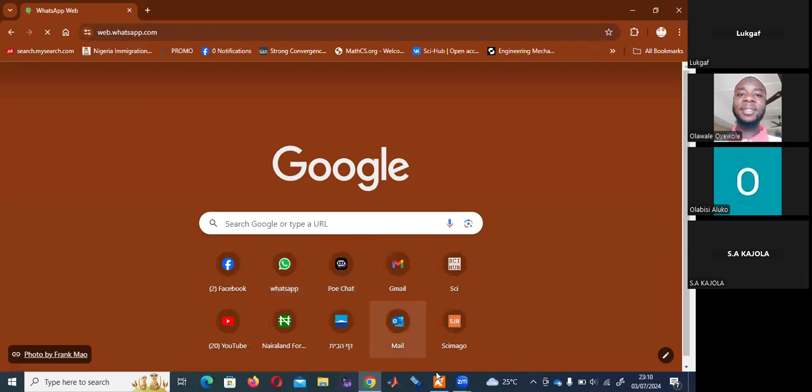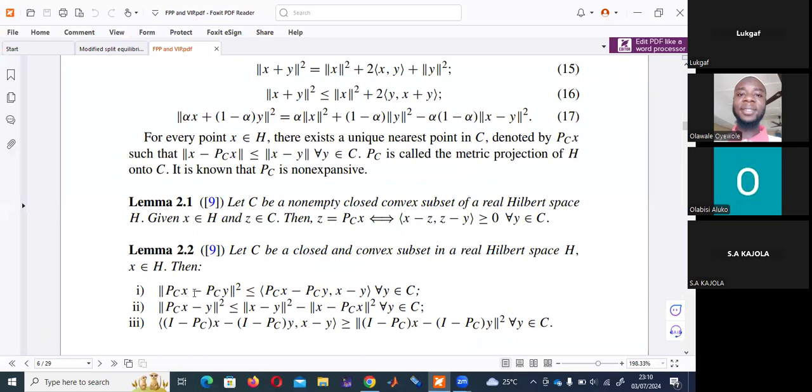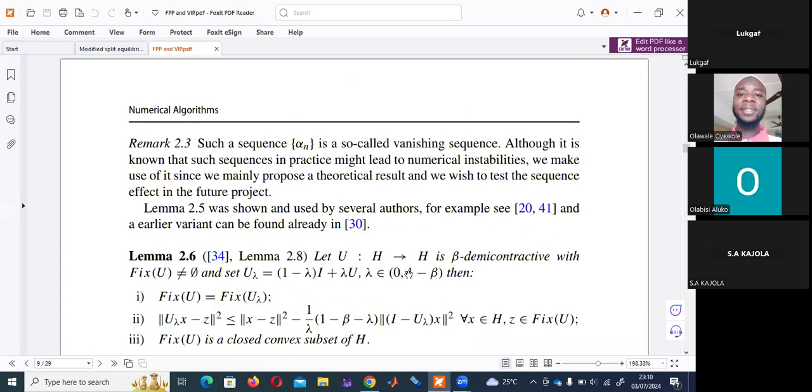Okay, so let's go back. Now, the property: PCX minus PCY squared is less than or equal to PCX minus PCY, comma, X minus Y. Now let's go back. So where it was used.